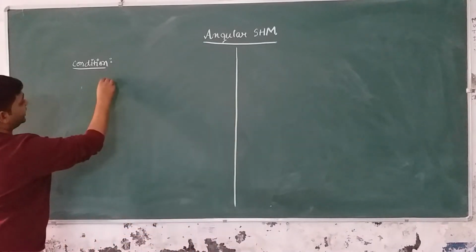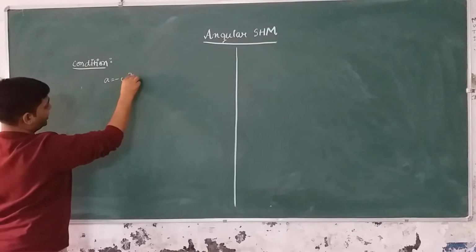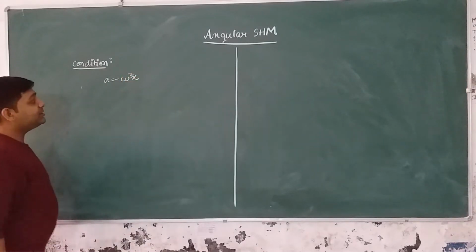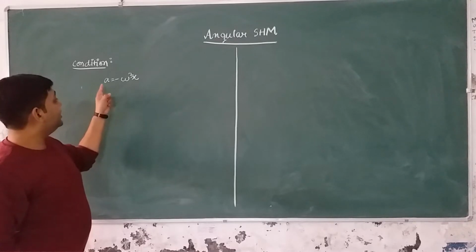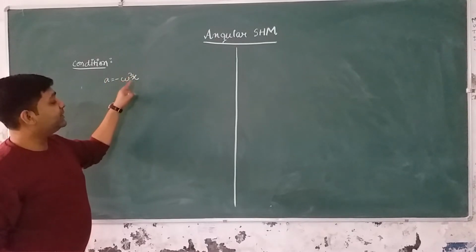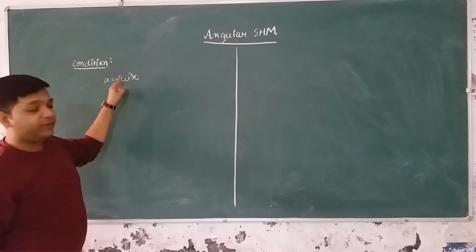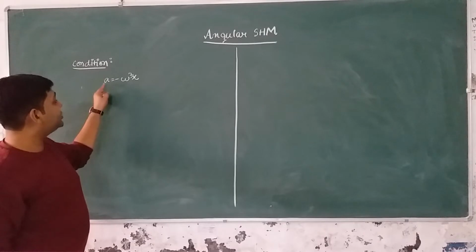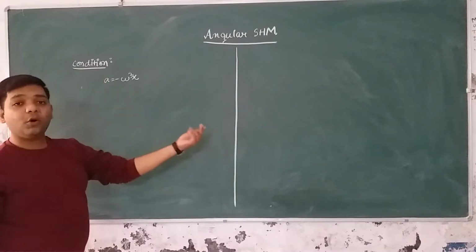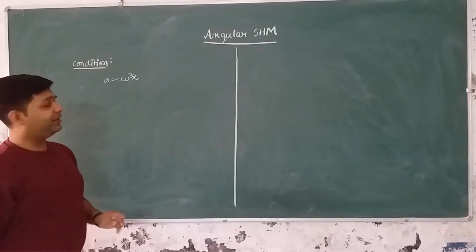It was a = -ω²x, where a is the acceleration of the particle at any instant, x is the displacement from the mean position, and ω is the angular frequency. And this negative sign indicates that the acceleration of the particle is always towards its mean position. We have discussed this and we know it very well.